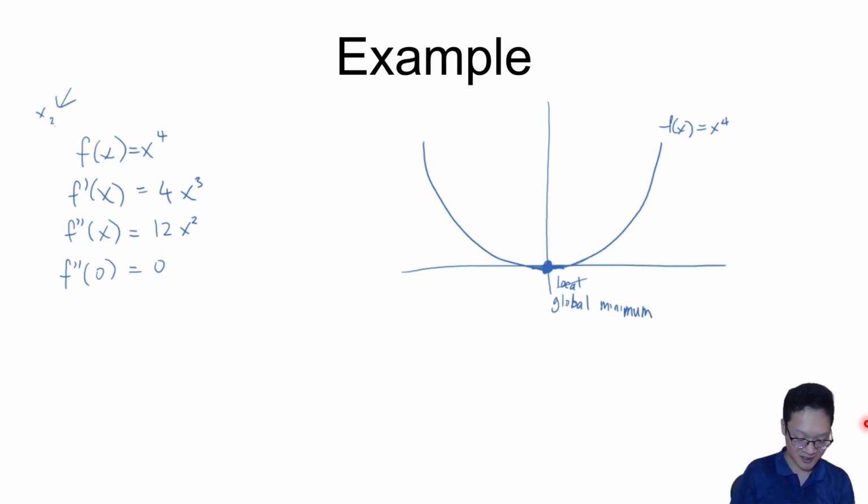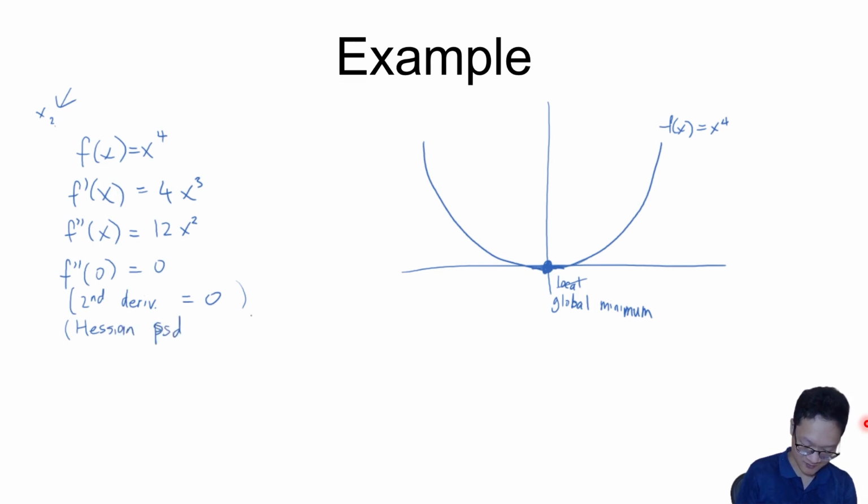So this is a case where the second derivative or Hessian, so in this one variable case, we say second derivative is 0. The equivalent thing in multiple variables is really Hessian PSD, positive semi-definite.